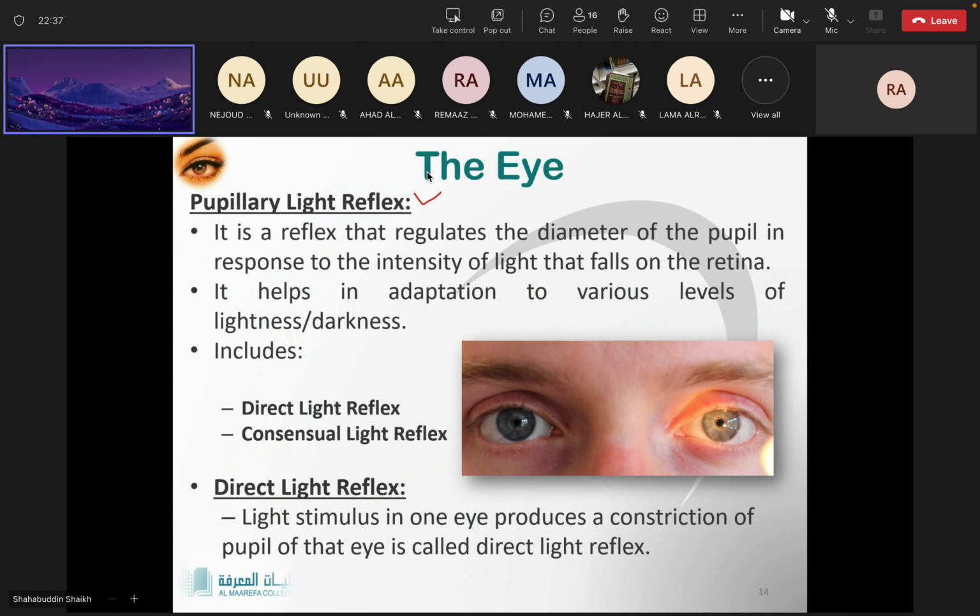That will cause the lens to become thin. This lens shape is used for distant vision, to see objects which are far away, maybe 5 feet, 10 feet away.